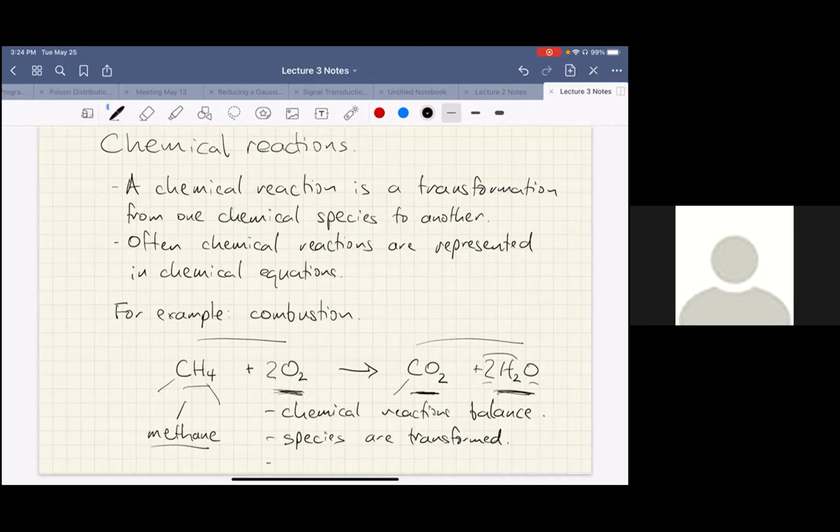But it should be clear that atoms remain unchanged. If the atoms changed, then we would no longer be talking about a chemical reaction. We would be talking about a nuclear reaction, which is not something we're going to be talking about in this course.